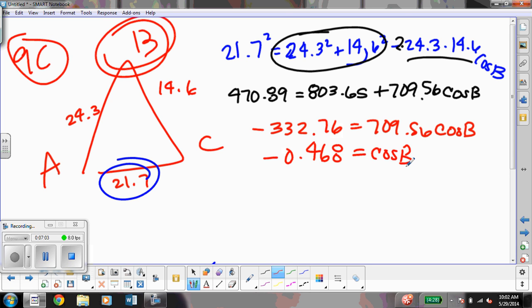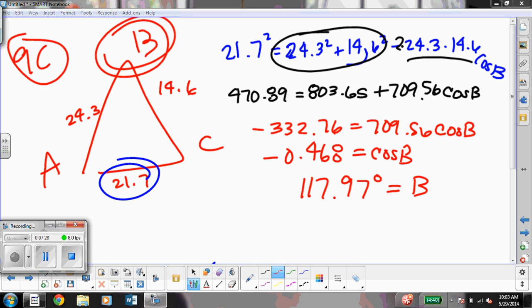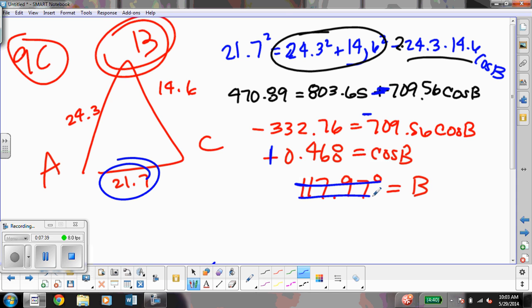And then I'll do the inverse cosine of that to get 117.97 degrees. Sorry, this should be a subtraction symbol here and here. So that's a positive. So my angle is going to be 62.03.